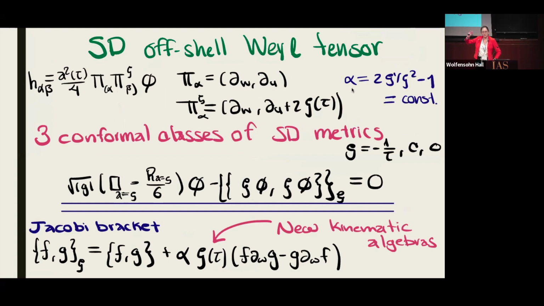So we can go ahead and pick a specific viscous fluid, or we can go back and even ask a more general question, which is, what are the most generic conformal class of metrics that have self-dual Weyl tensors? And then we can understand which ones are physical.